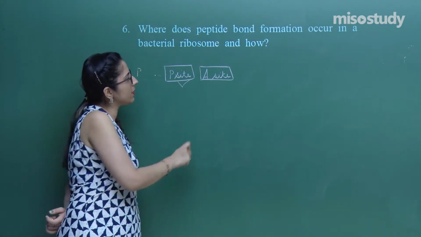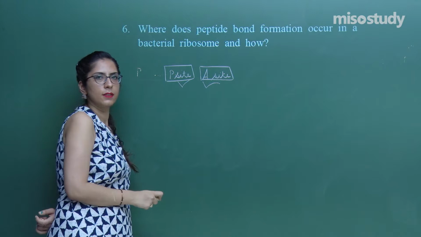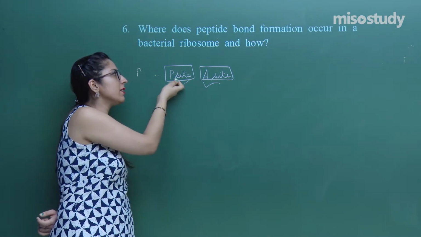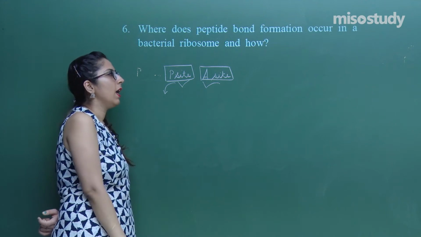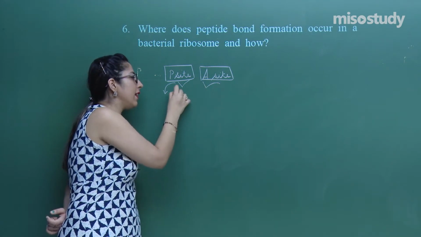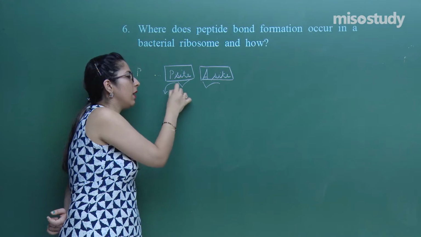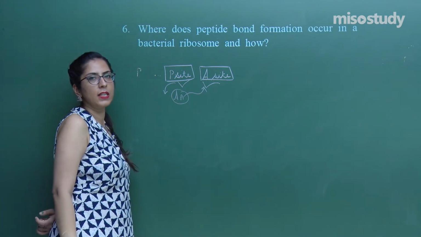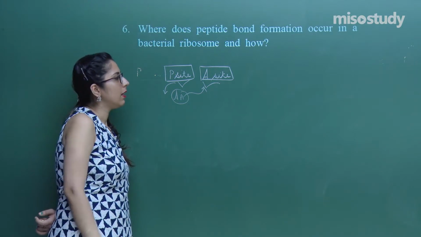The second amino acid comes at the A site, and later on whatever uncharged tRNA is there is released from the P site, and that leaves its amino acid behind. That amino acid will be bound to the tRNA which is present at the A site. Now what will happen?